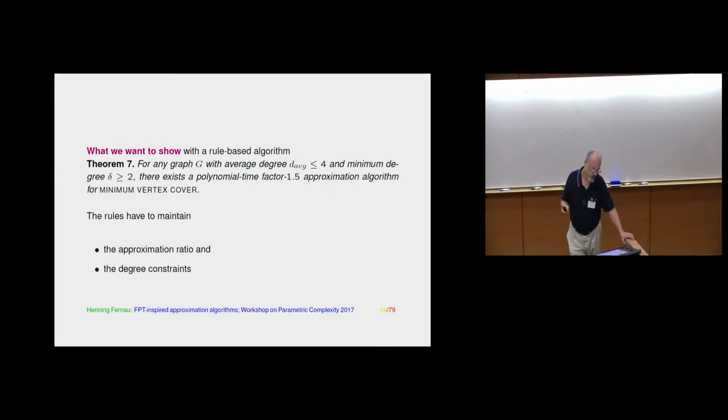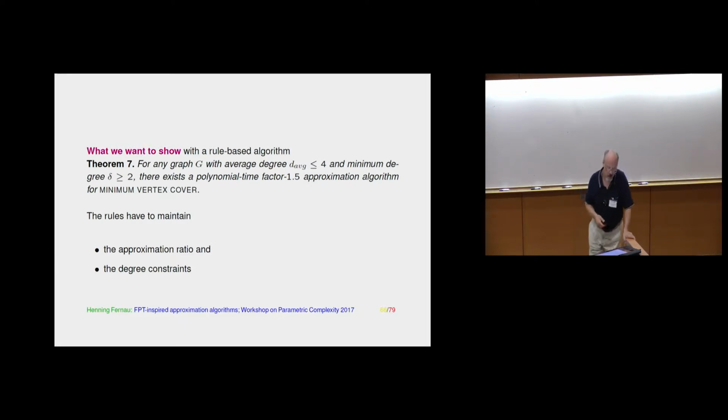But for those graphs, I can find a factor 1.5 approximation for vertex cover. And actually, this isn't beating things that has been published before. So it's not just a nice playground, but this is improving on earlier work of bounded average degree.